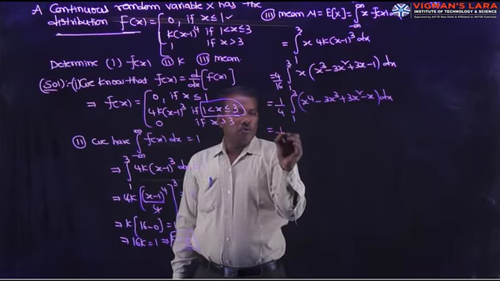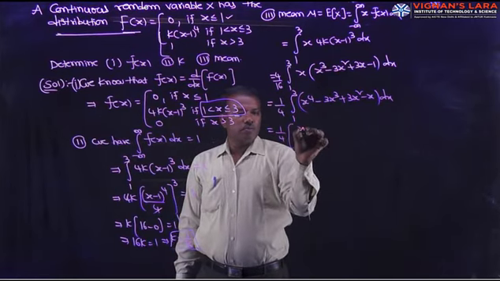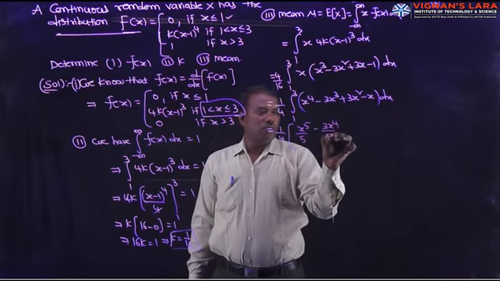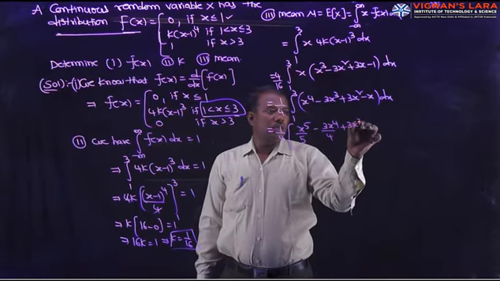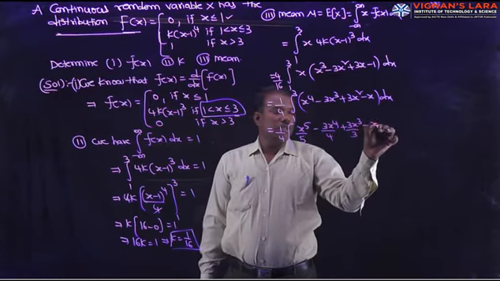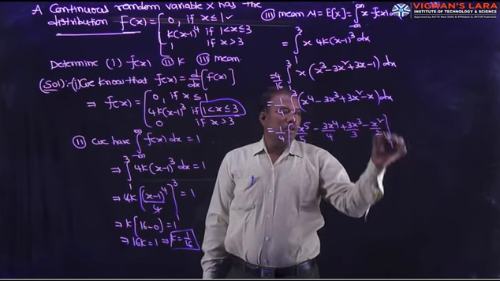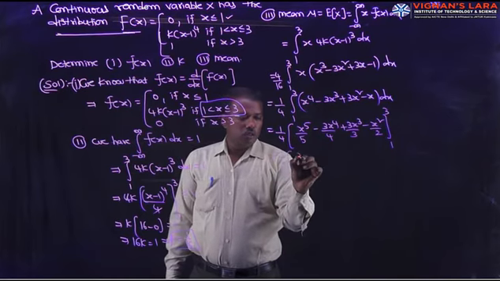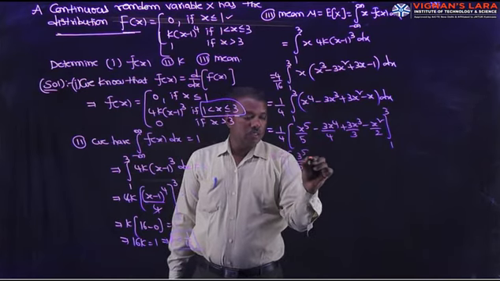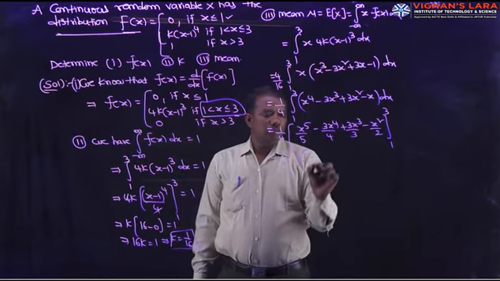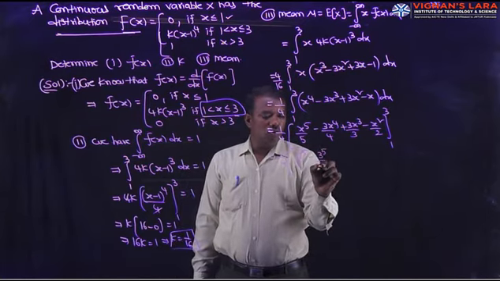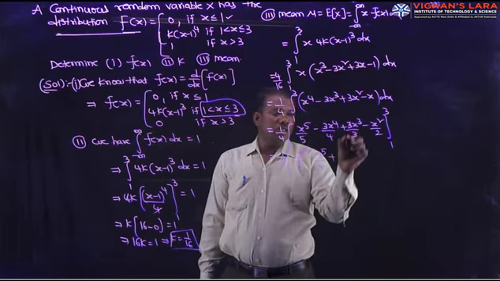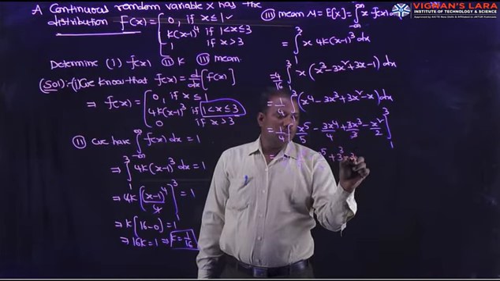That equals 1 by 4 into the integration: x^5 by 5 minus 3 into x^4 by 4 plus 3 into x^3 by 3 minus x^2 by 2, between 1 and 3. That equals 1 by 4 into 3^5 by 5 minus 3 into 3^4 by 4, that is 3^5 by 4, and next here the 3 cancels, so 3^3 minus 3^2 by 2.